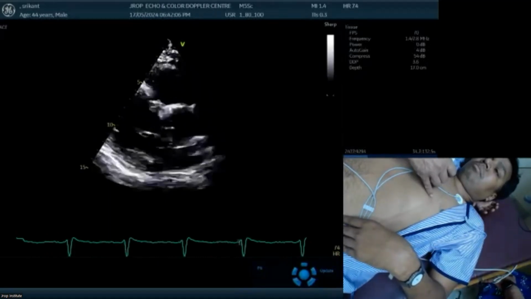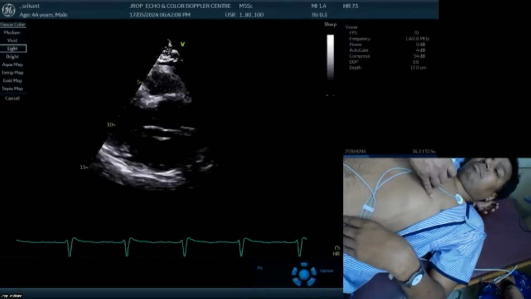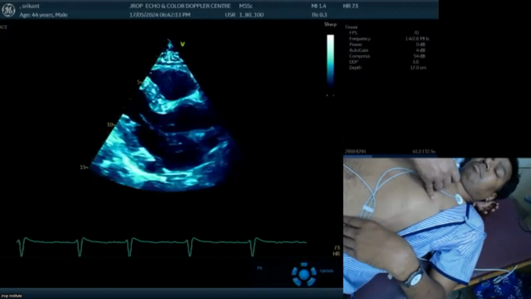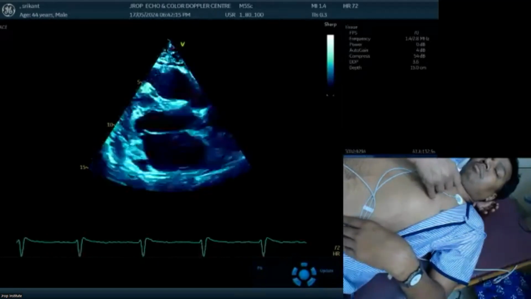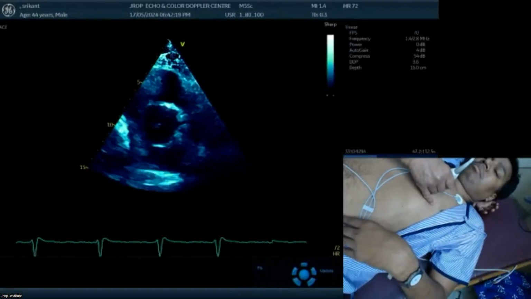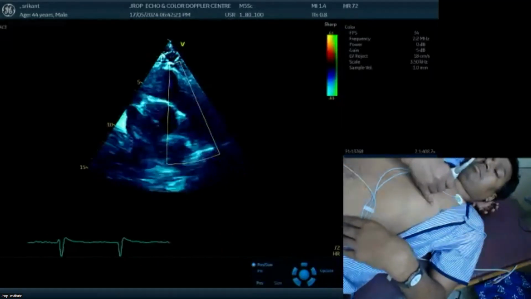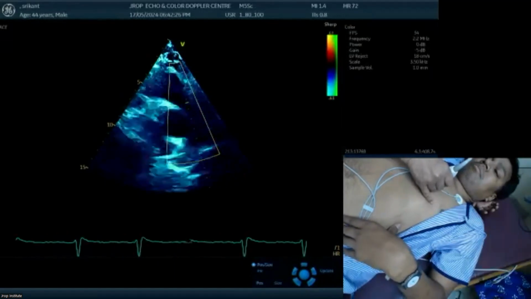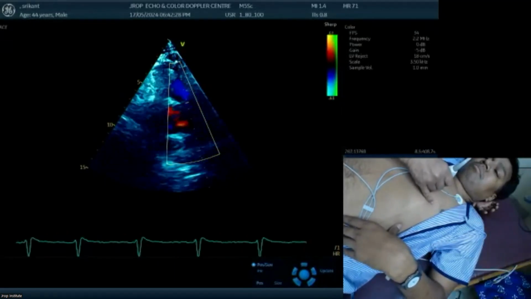Look, this is the apical view. Again, I'm going to change the colors. Take the transducer 90 degrees, aorta in the center, and here is the pulmonic valve. You can see my cursor.